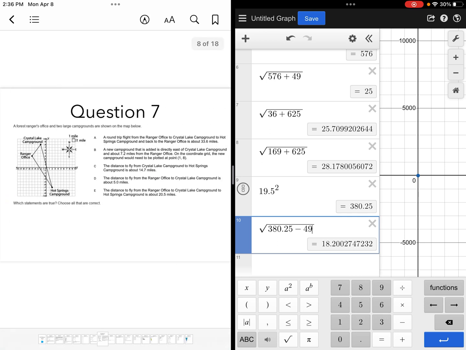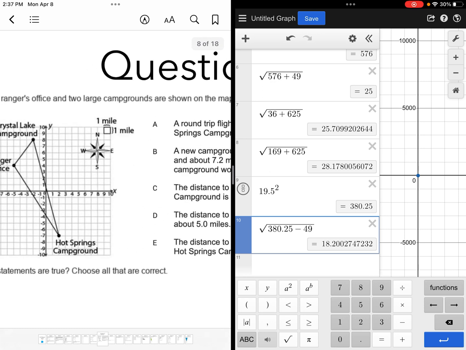Okay, the next one, they want to know which statements are true. Select all that are correct. So we've got a round trip flight from the ranger's office to Lake Compound, from the ranger's office to Crystal Lake Campground to Hot Springs. So they want to know the perimeter of this shape.